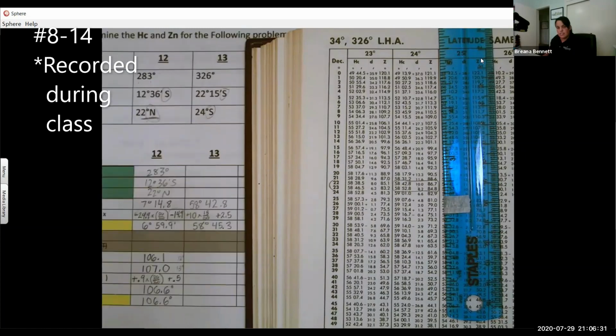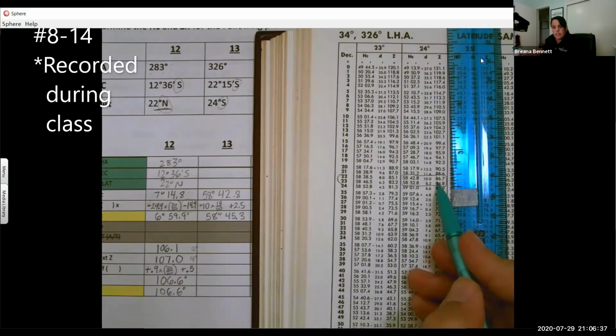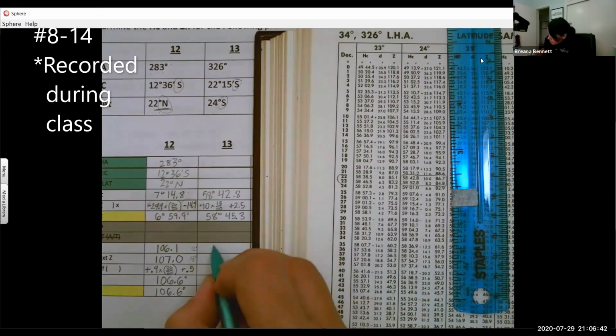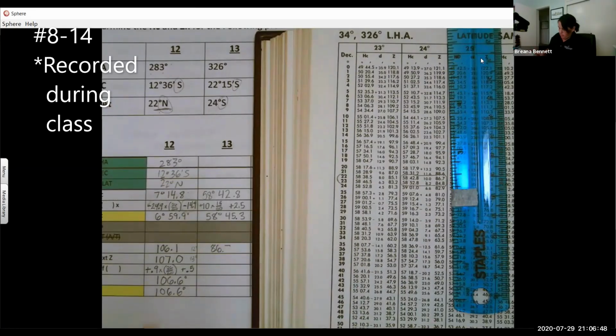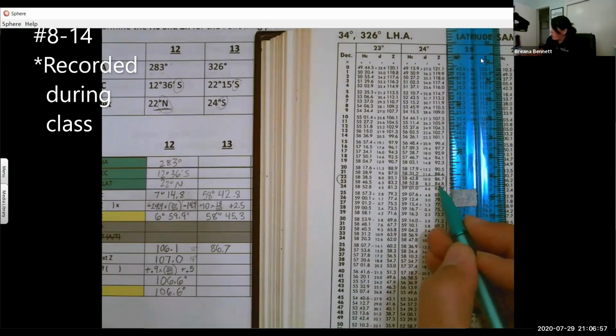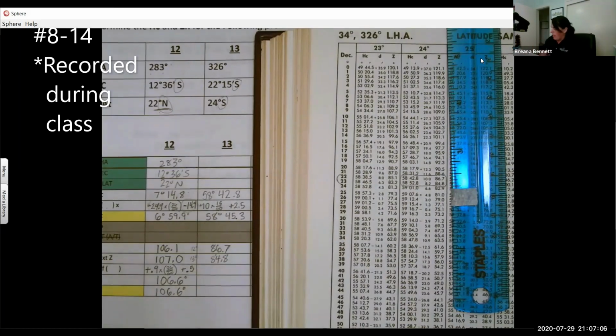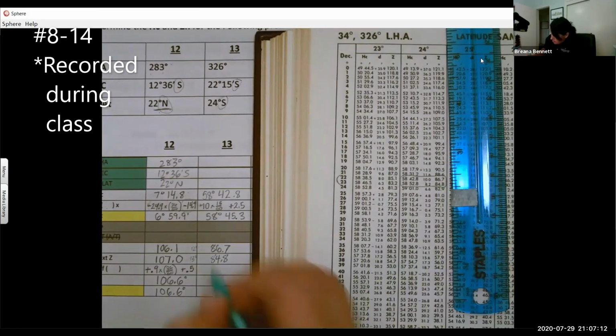Okay, now for my Z and Zn. My Z here was 86.7. I'm going to put 86.7 degrees. My next Z is 84.8. And then I need to figure out what my difference was. So I went from 86 to 84, so I'm going to be subtracting.